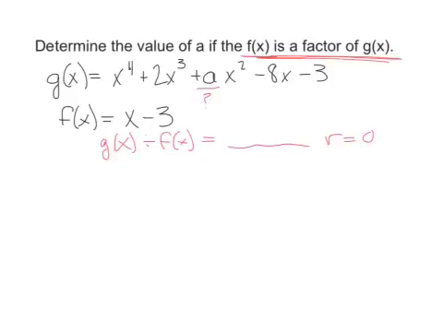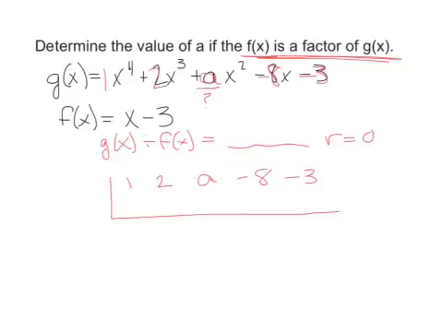And we're going to use this remainder of 0 piece to our advantage. So I'll go ahead and set up the synthetic division. Do my upside down bracket, and I'm going to do the coefficients of g of x: 1, 2, a, that's what we're trying to find, -8, and -3.